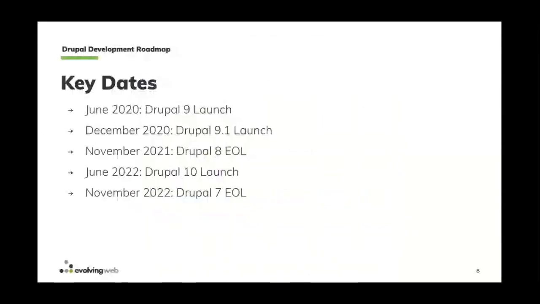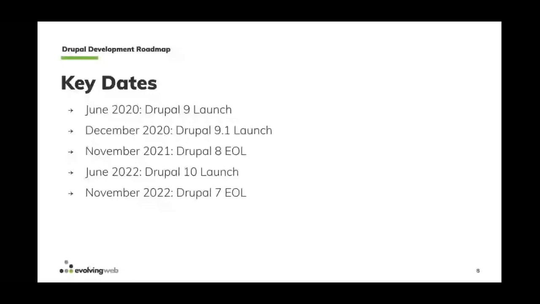So let's review some key dates in recent Drupal history. In June of this year, like 3 months ago, Drupal 9 was launched, and we were all excited about it. In December of this year, we expect the launch of Drupal 9.1. In November of next year, we are expecting the end of life for Drupal 8. In June 2022, we expect the Drupal 10 launch, so we are a little bit less than 2 years from that date.